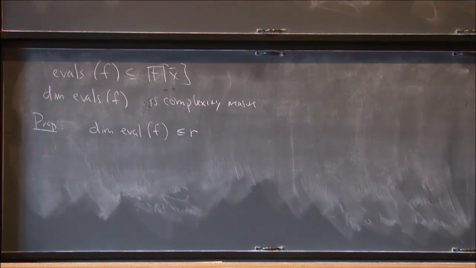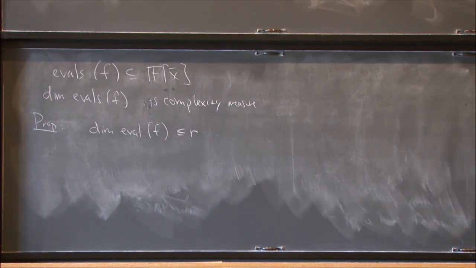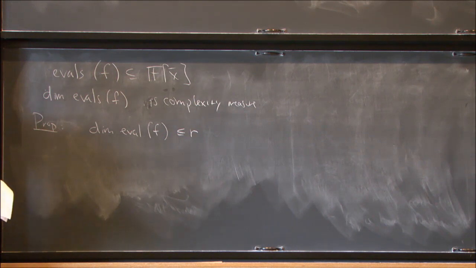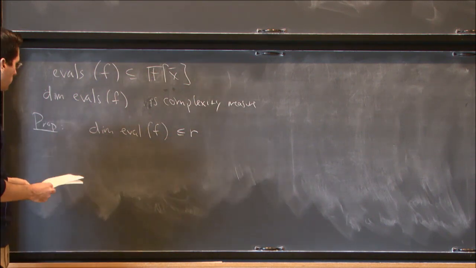There's one product for every variable here, so that's never going to change. It's just r. And this is a complete model of computation, so you can compute any polynomial as long as r is exponential. But the efficient version of this is when r is small. And we want to say that for these computations, the dimension is at most r.